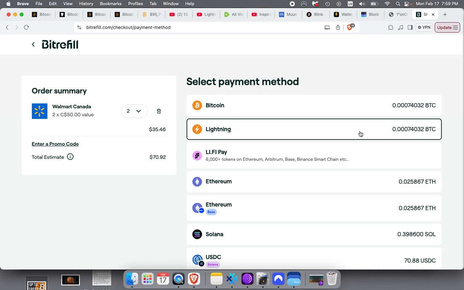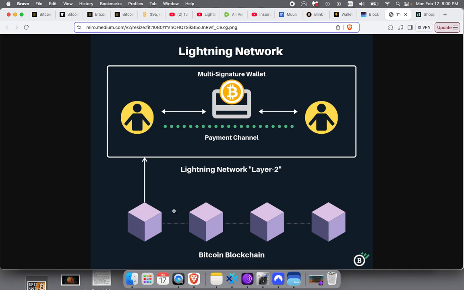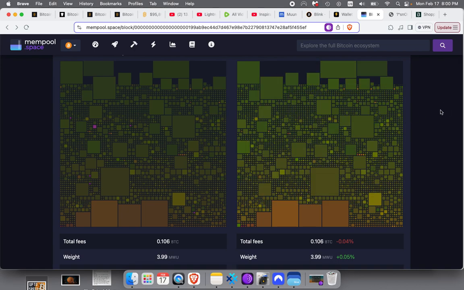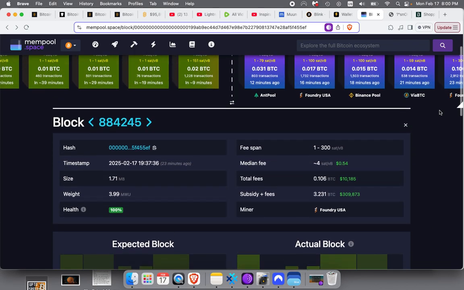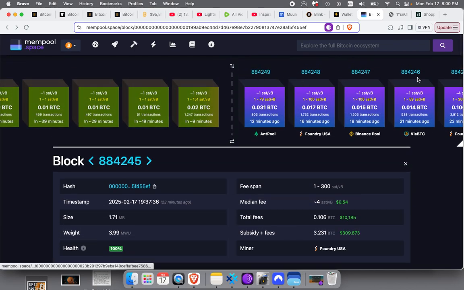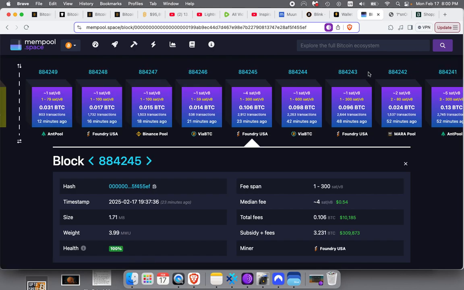And the other advantage of Lightning is that when you make a payment on the Lightning Network, it doesn't get recorded like on the base layer. When you make a payment on the base layer, every transaction is recorded on every node on the network.